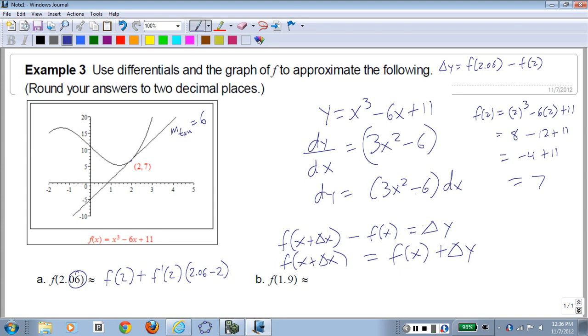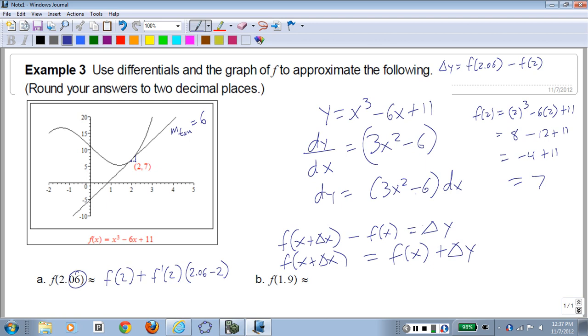Does that make sense? If we go 0.06 to the right, we'll go 6 times that many, 0.36, I believe, units up.